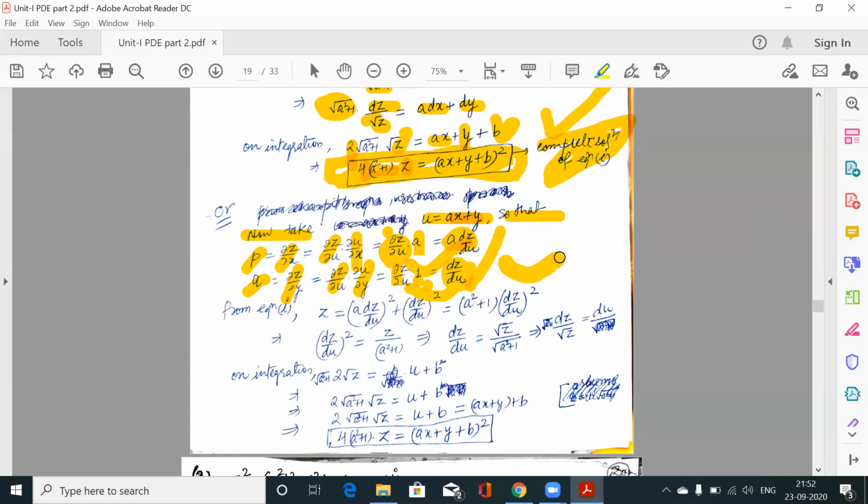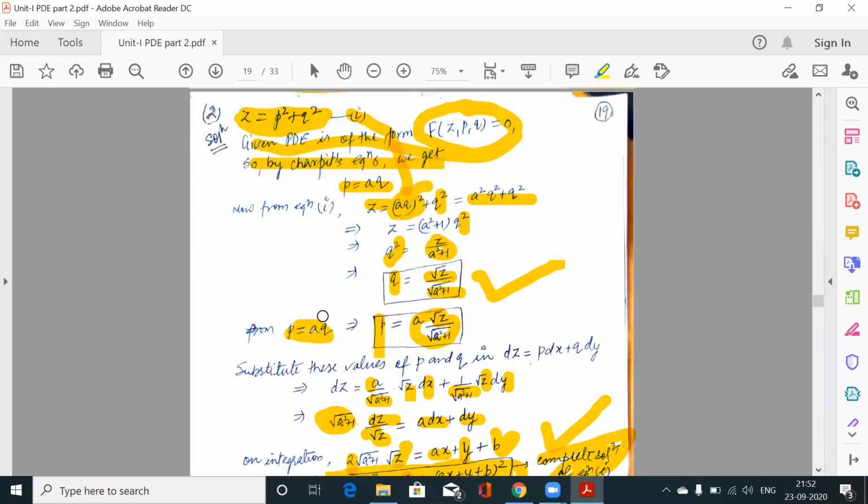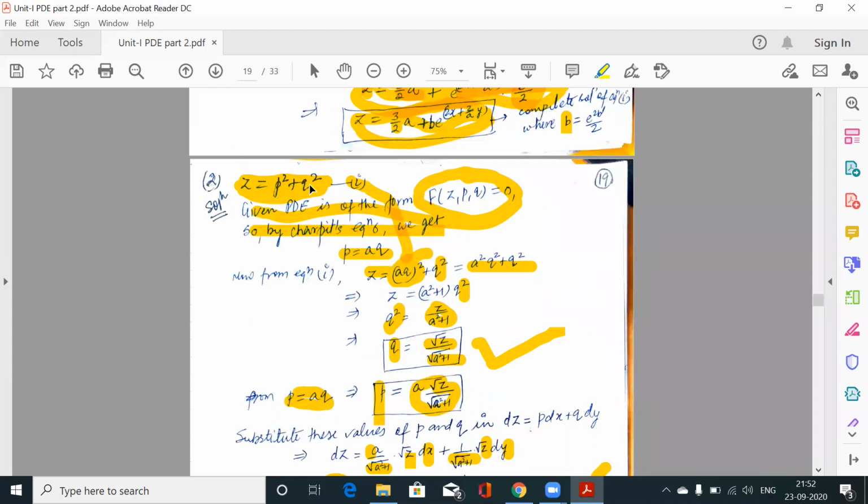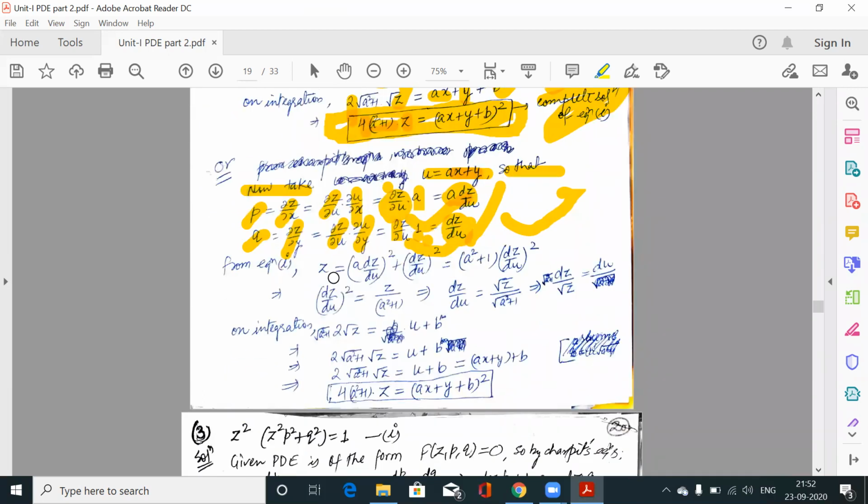Now substitute these values in the given differential equation. The given differential equation is z is equal to p square plus q square. So z is equal to p square, and what is p? (a dz over du) whole square plus q square. So q is (dz over du) whole square. Taking (dz over du) square common, what is left? a square plus 1.